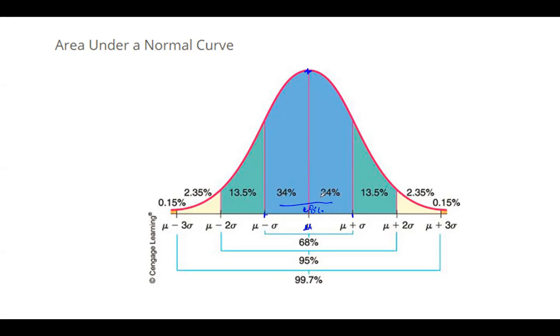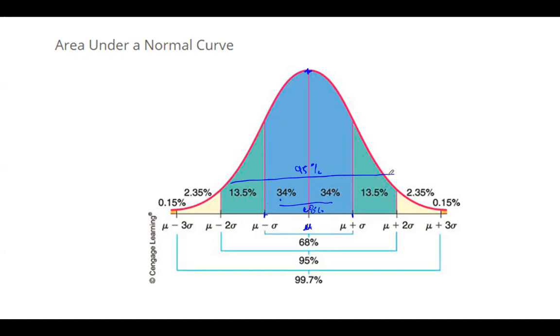From here to here, all this is 95. And you can see, this would mean there would be 34% in this area and 34% in this area.